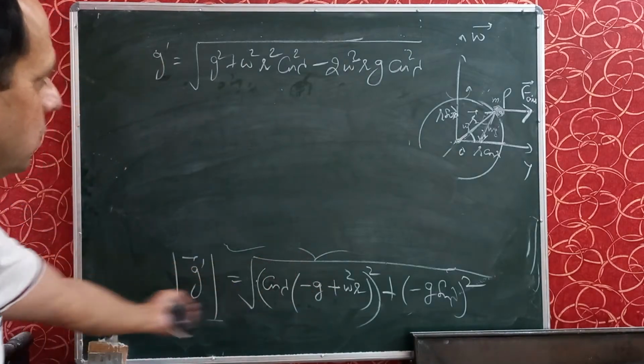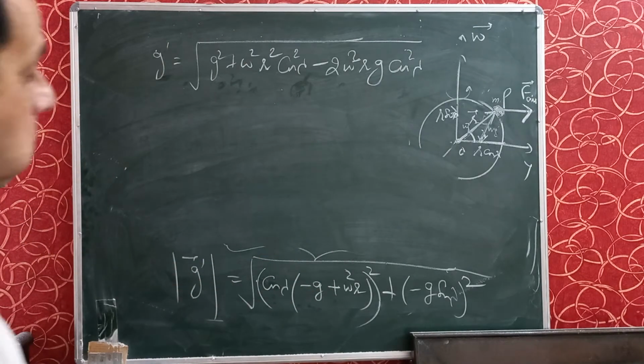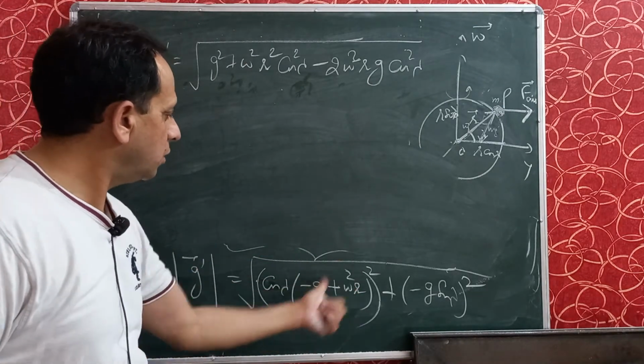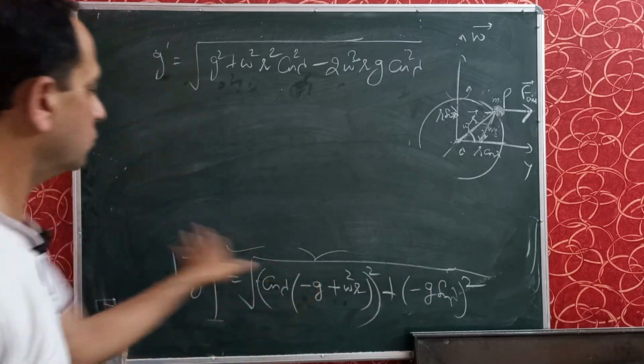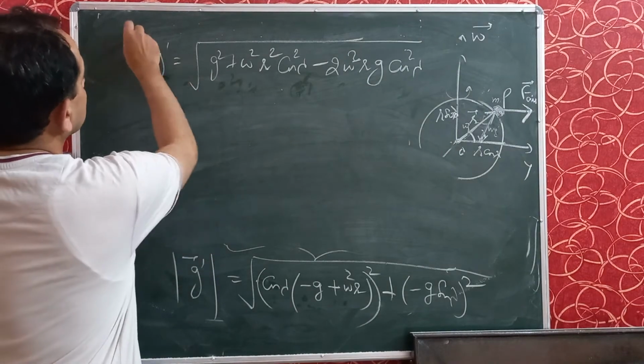You can solve this by expanding the square, that is a square plus b square plus 2ab, and you will find this answer.